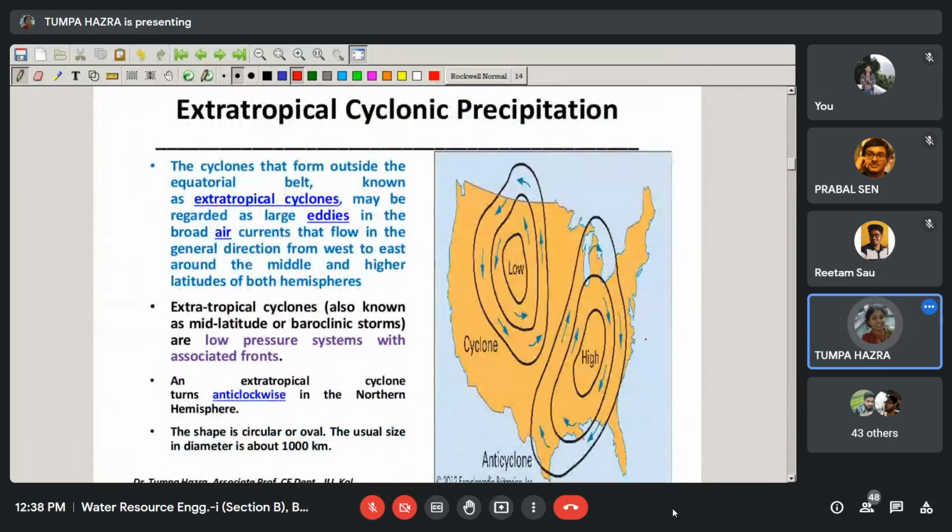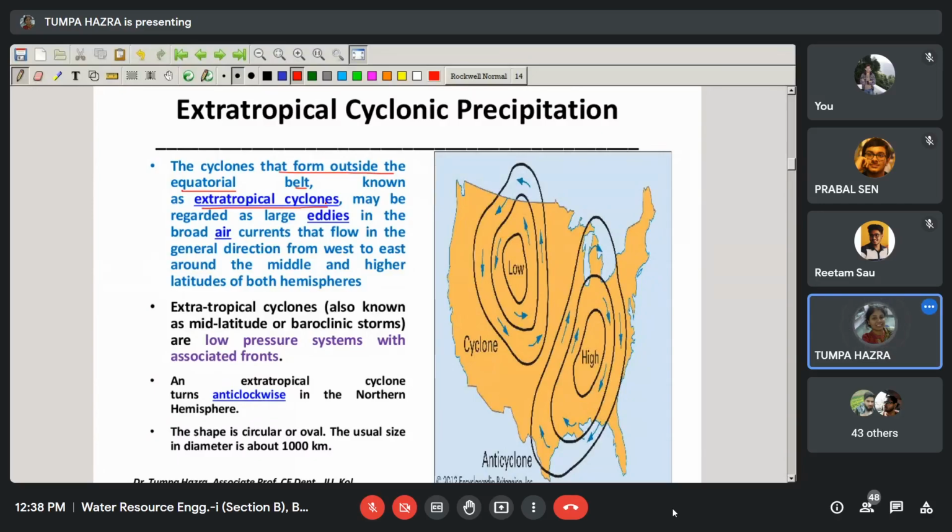Second one is the extratropical cyclone. Okay, these are cyclones that form outside the equatorial belt, known as the extratropical region. It is basically associated with frontal systems.